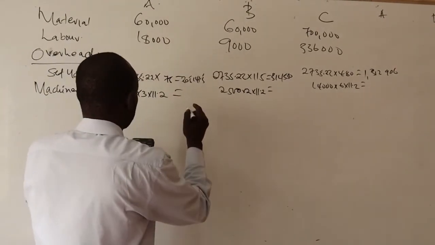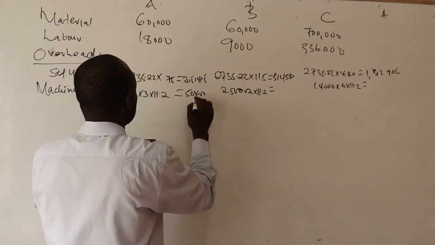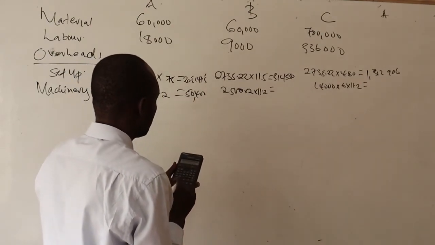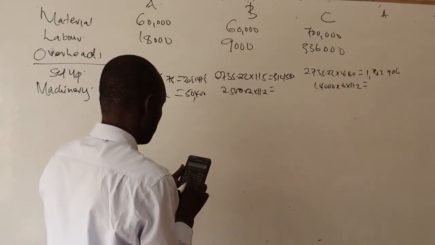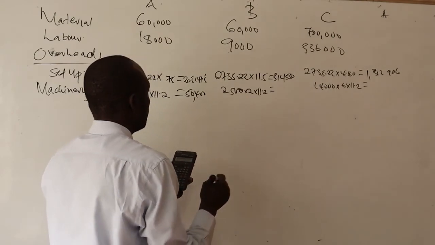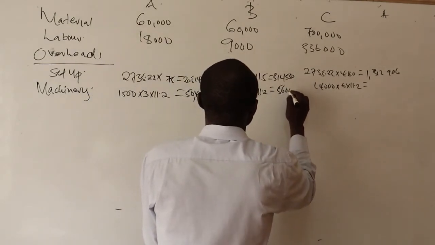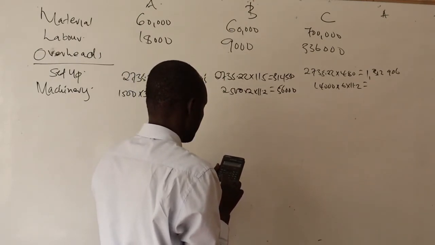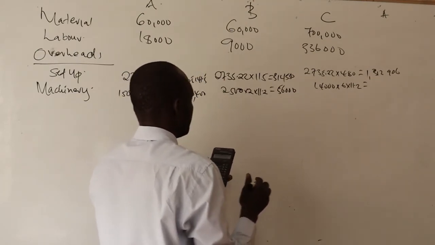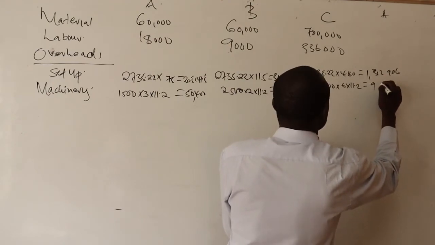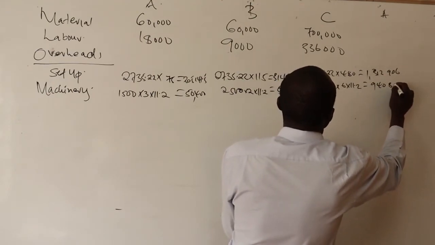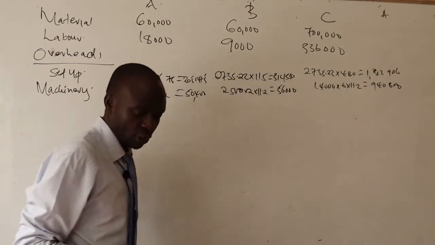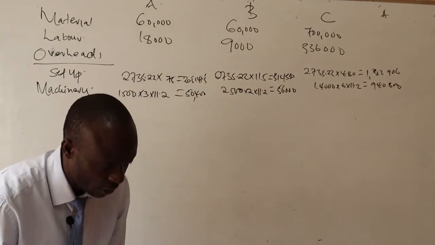So this is 5,400. 5,400. 56,000. This is 90 and 40, 800. So that is machinery.